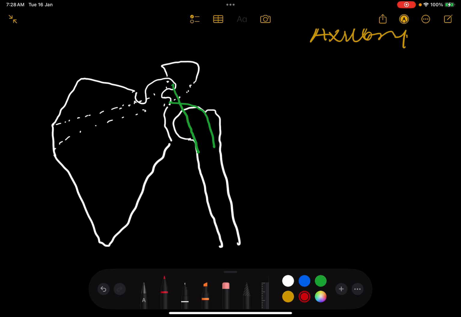The two heads of the biceps. We'll place another muscle from the coracoid process, that is the coracobrachialis. And under the biceps, we'll place the brachialis. So this is the brachialis, this is the biceps.